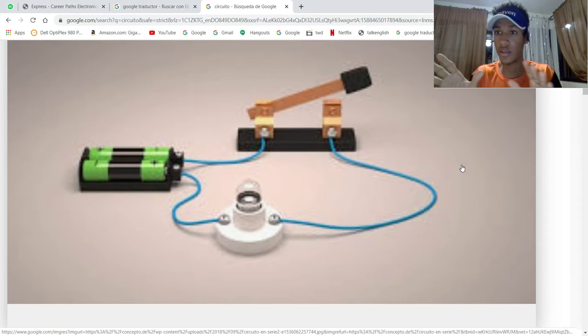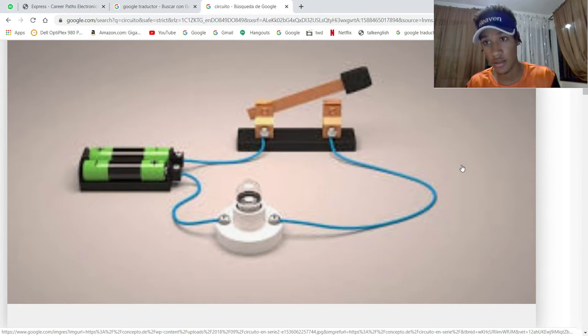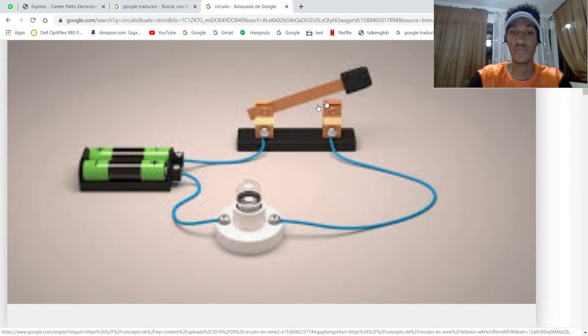You don't want the light to explode. So I put a fuse, and the fuse cuts the circuit, and the line is turned off. So you protect the circuit. It's like that. This is a fuse, so I put it off, and the circuit is off.